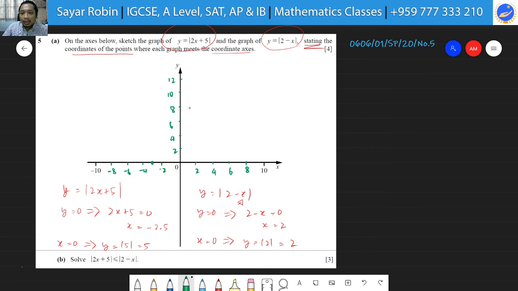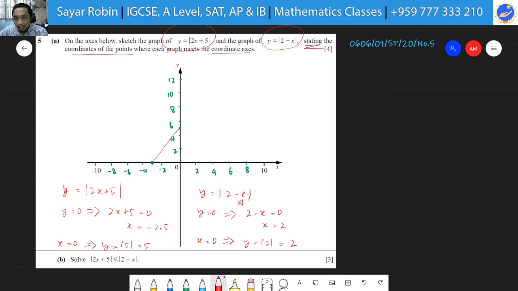You can take any scale you like on the y-axis because there are no restrictions on the y-axis. Therefore x is equal to 0, y is equal to 5 must be at this point. When you connect these 2 points, it's going to be like this.